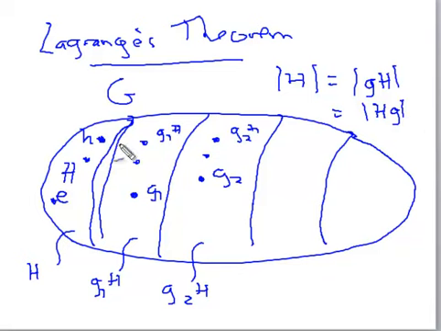Just quickly, what that means is that H basically divides G up into equal pieces. For instance, here I have 1, 2, 3, 4, 5 pieces that divide G up. But what that means is that the number of elements of H must divide the number of elements of G. So that's an extremely important fact, that the number of elements of a subgroup divides the number of elements of the group.